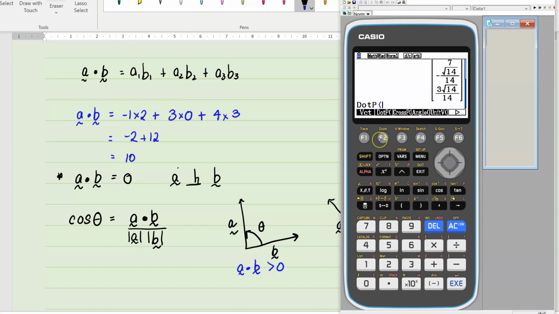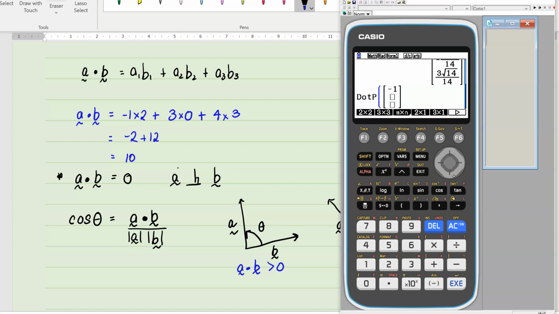We can go to the dot product, and then again we go back to our original maths. Oops, I did 2 by 2. We don't want that. We want the 3 by 1. Okay, pop that in.